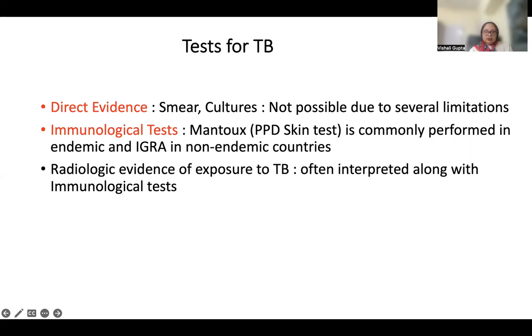We also have radiologic evidence, which invariably will not show an active disease. It just indicates that there has been some exposure to TB in the past, like calcified hilar lymph nodes or some telltale evidence that the patient has been exposed to the infection.